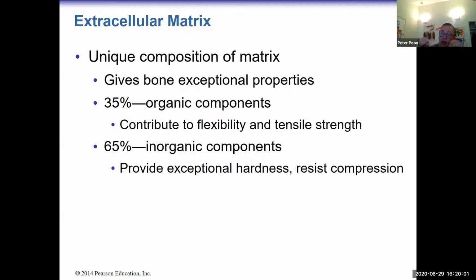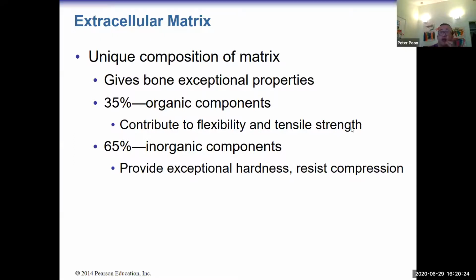Put some pressure on the drumstick, it'll bend a little bit before it breaks. That is the organic component of it. It contributes to flexibility and tensile strength. The inorganic components provide exceptional hardness and resist compression.